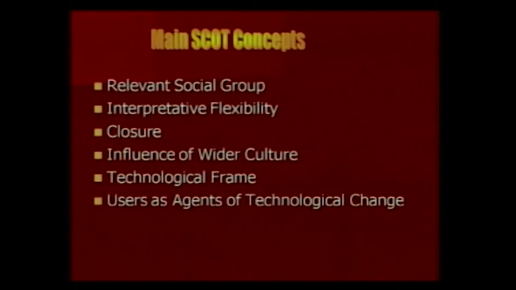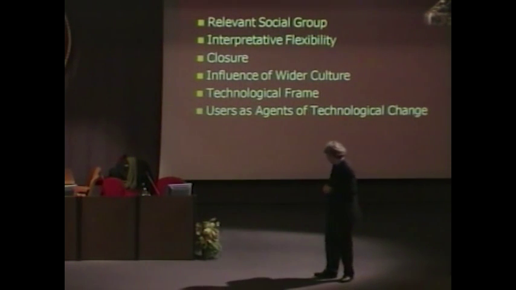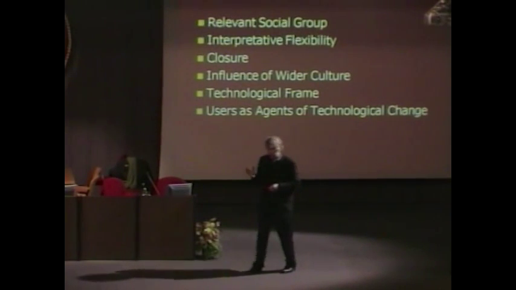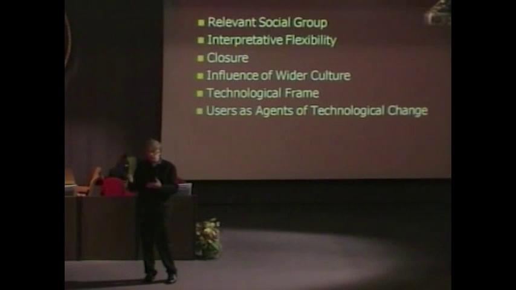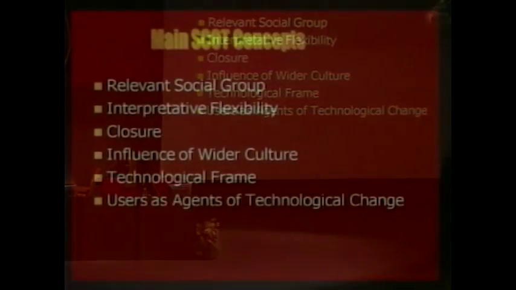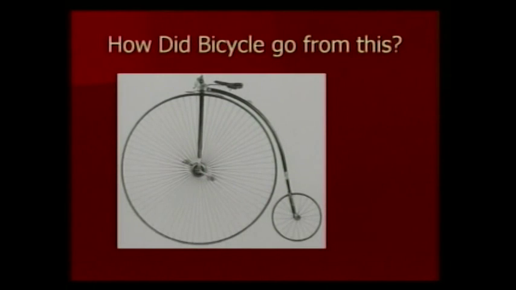We hadn't thought that users themselves might be able to produce a radical new meaning of a technology. And what we found was that, in fact, users can, in certain circumstances, and we'll have a nice case study of this with the development of the motor car, come up with new meanings of technology which radically challenge the predominant meaning. So you can see this notion of interpretive flexibility coming into being again with the work of users, and users actually producing change. We call them agents of technological change.